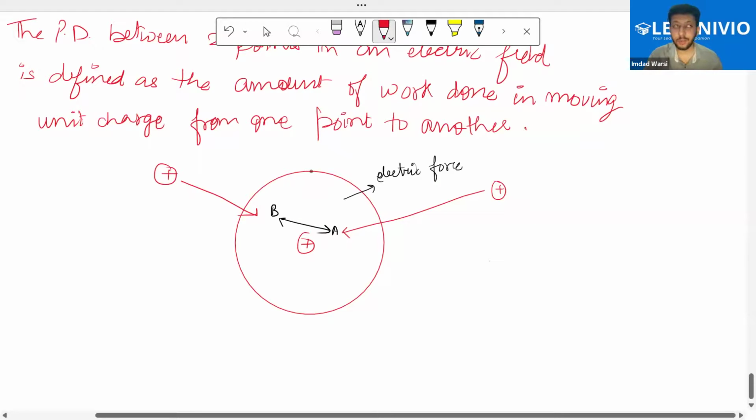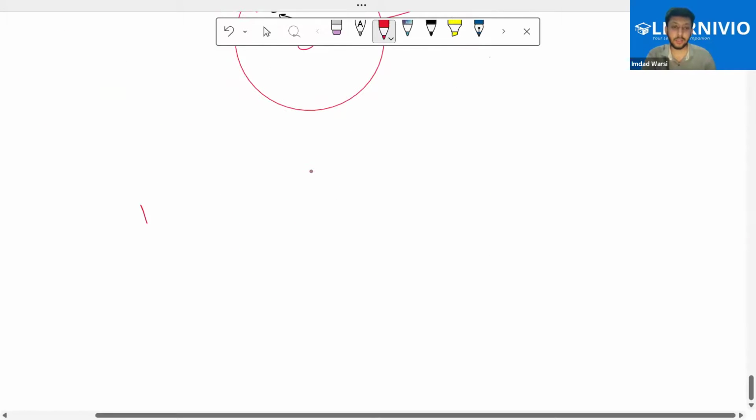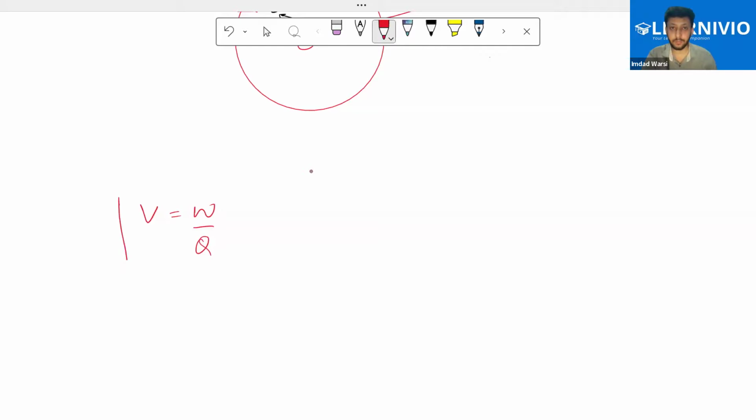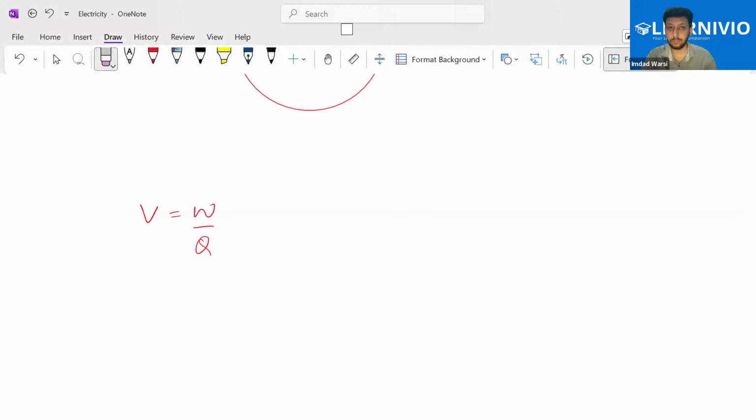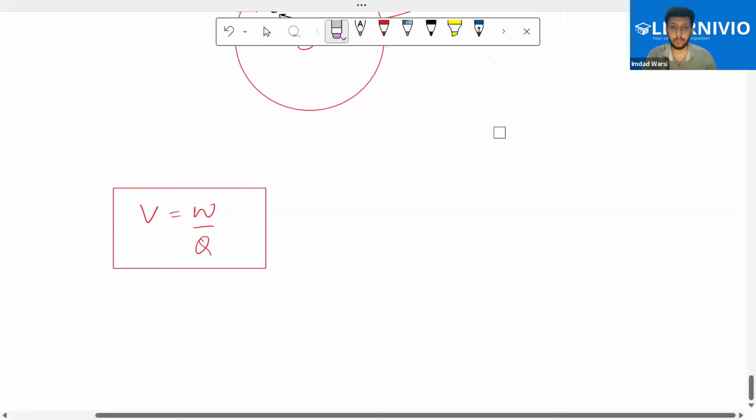What was the SI unit of electric potential? Volt. Okay. So now the formula is V is equal to W by Q, where V is electric potential or potential difference.